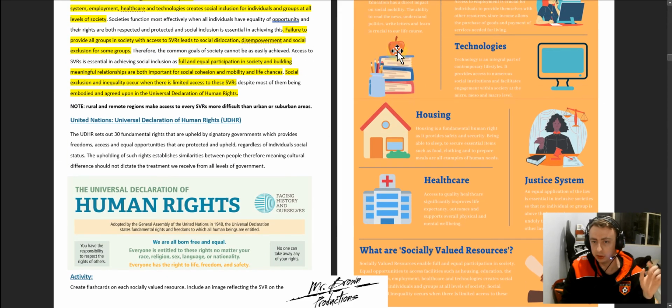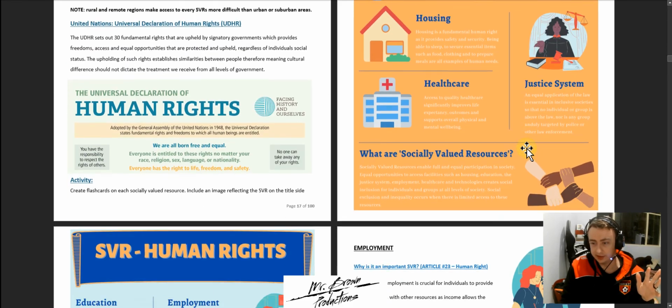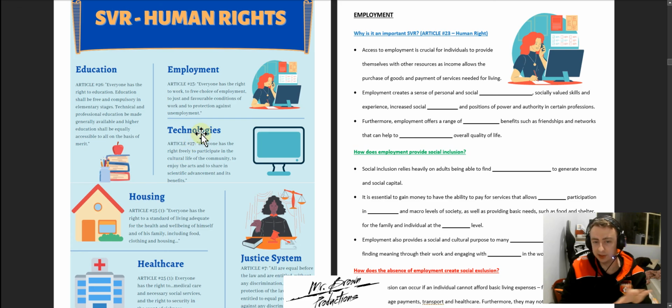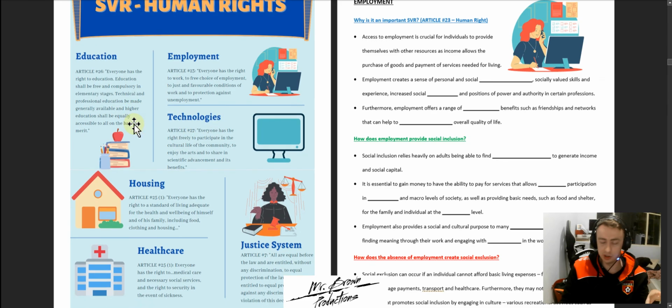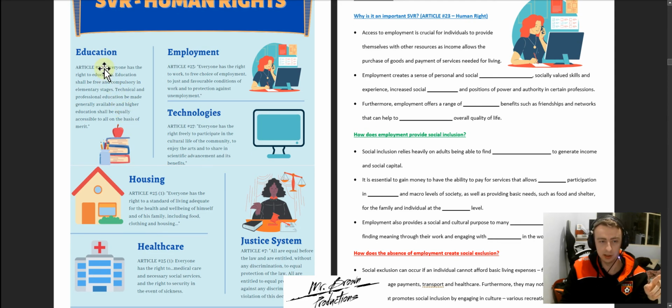You're going to have one on what it is, and then you're going to have one where it links to the human rights. So education, for example, Article 26 in the Human Rights Charter states, everyone has a right to education. It should be free, compulsory, and made generally available, and should be equally accessible to everyone on the basis of merit. Okay, so that's the human right article.